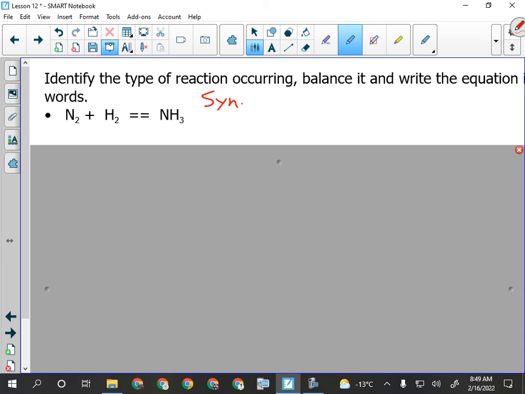Then I need to write it out in words, which basically just means naming. What's this stuff? Nitrogen. It's not dinitrogen. Remember, nitrogen's one of our special elements that comes as a pair. That doesn't change how we name it. What's this stuff? Hydrogen. What's this stuff?